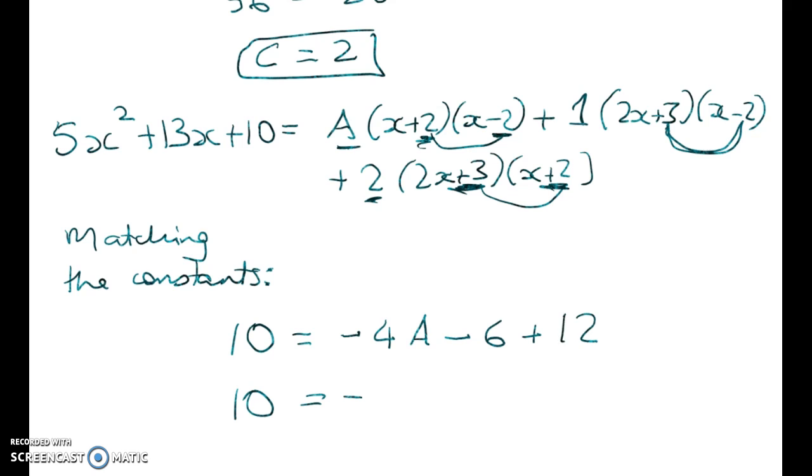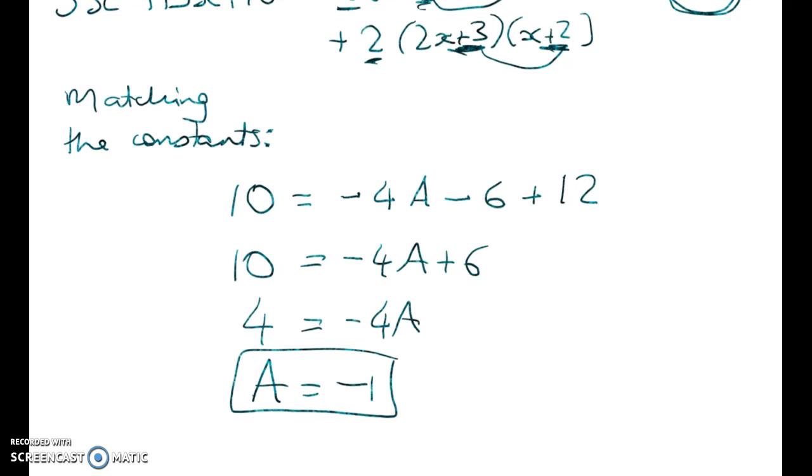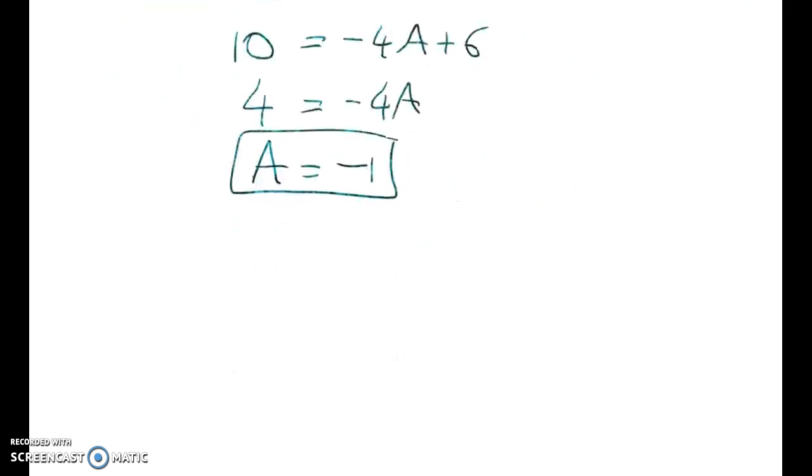So we get 10 equals negative 4a plus 6. 4 equals negative 4a, and a is equal to negative 1. So we're finished. But remember that we need to write that back to finish it off.